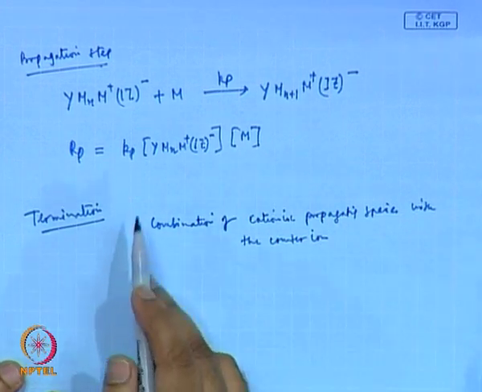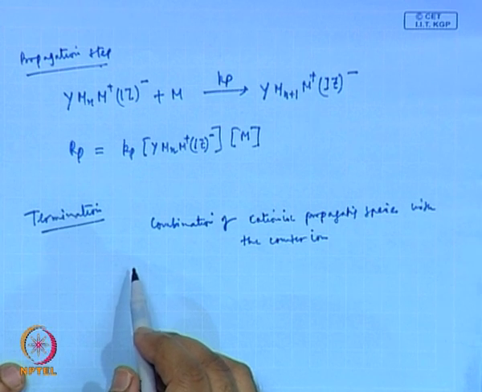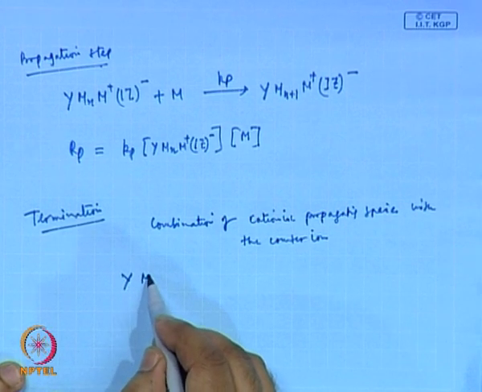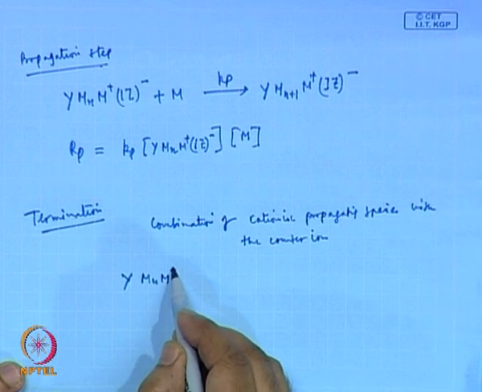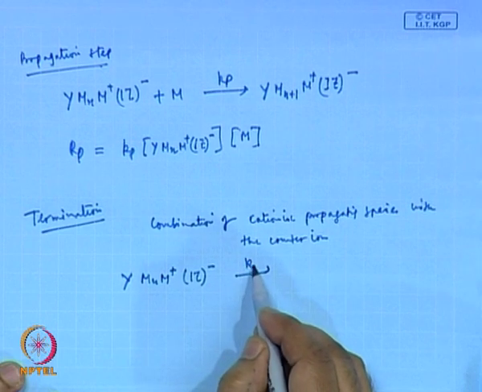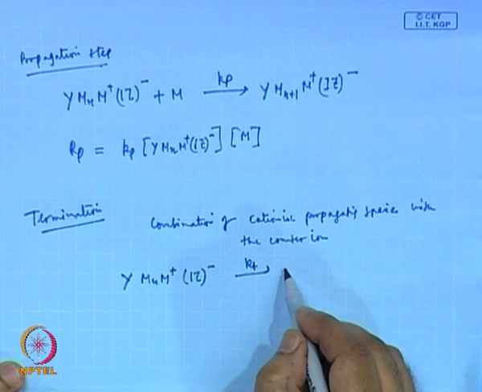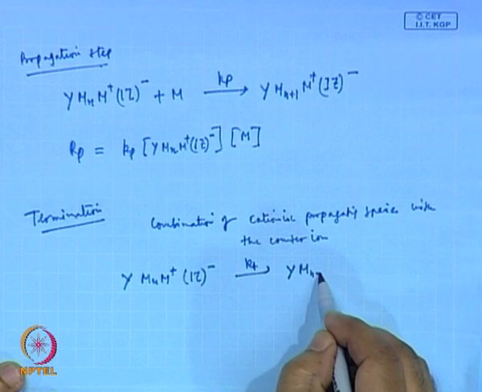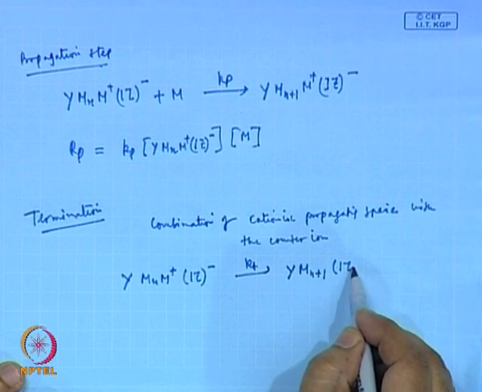We are not considering the chain transfer reaction for this kinetic expression. So, we can write Kt gives us I Z.